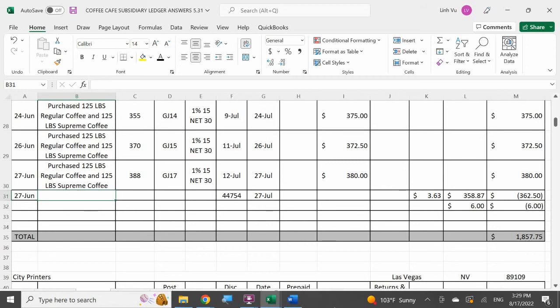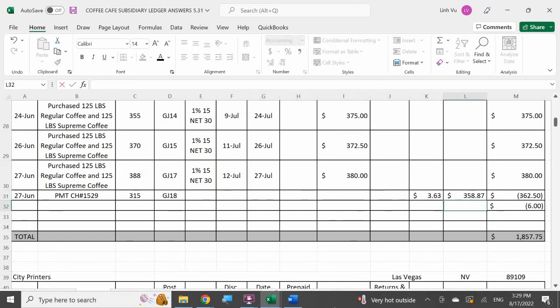Payment of invoice 315, check 1529, page 18, and the rest. Okay, so all of that is on there.